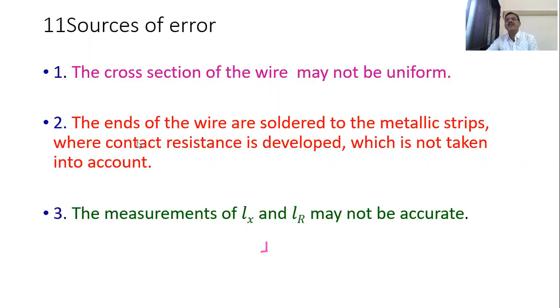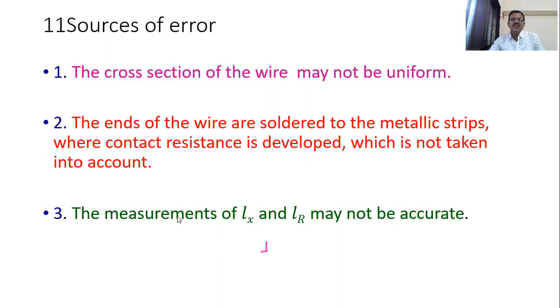We know that ends A and B of the wire are fixed below the metal strips. These ends are soldered to the metal strips, and therefore contact resistances are developed at these two points. And these contact resistances may be a source of error.